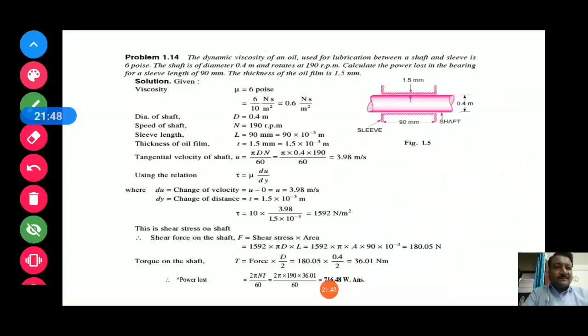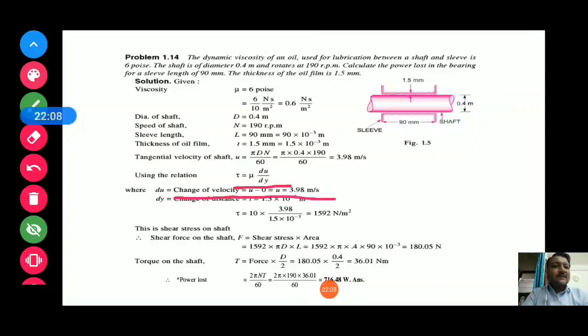Now the next step is to find the shear stress. So how to find the shear stress? For this you have to use Newton's law of viscosity. Tau is equal to mu du by dy. du is the change of the velocity.